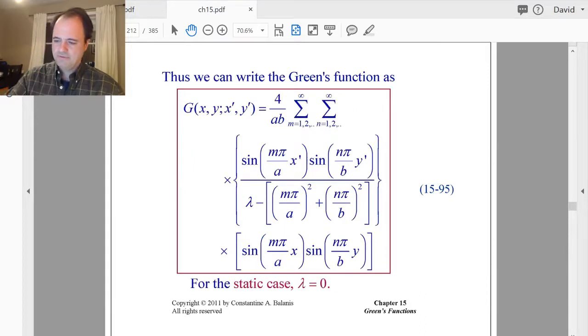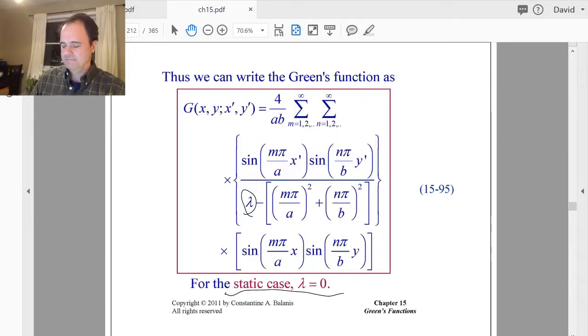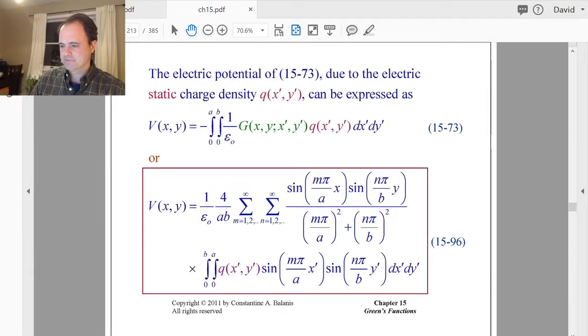Okay, so they still have the lambda here. For this, but then this is where they say for the static case, lambda is equal to 0. All right. So once you have that, then of course, as we've said several times, you can find V for any charge distribution Q. Okay.